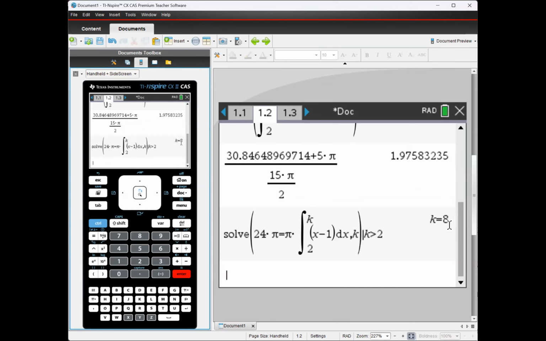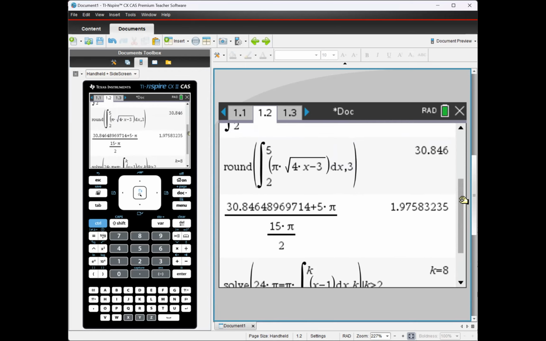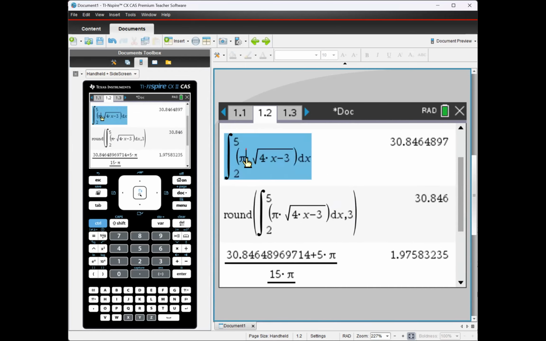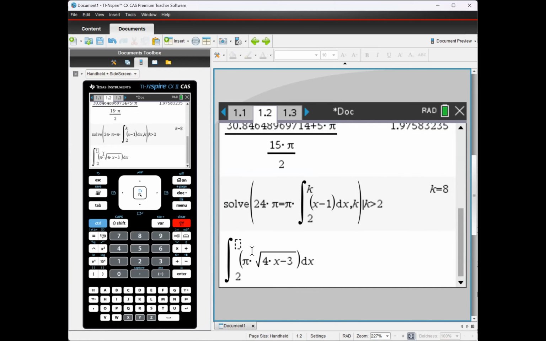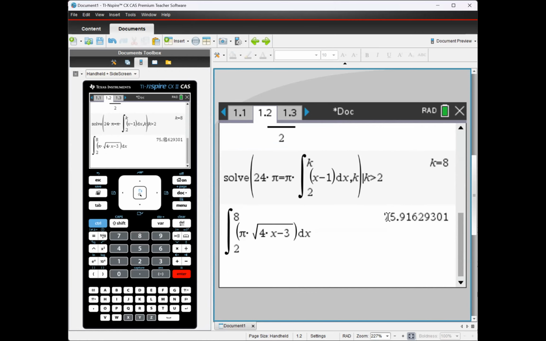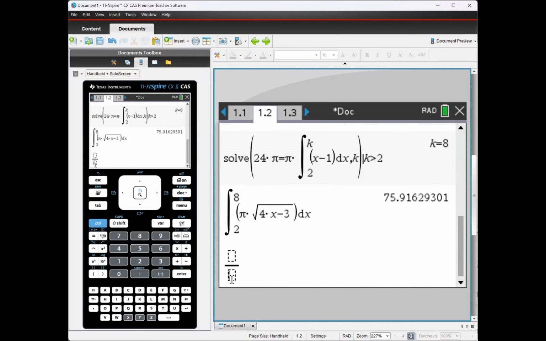All right, so previously we used an integral like this from 2 to 5 to carry out the calculation for the first surface area. Now with the new upper limit, we should be able to get another curved surface area. And the new volume is your denominator, which is 24 pi. The new curved surface area is this 75.916 something plus 2 ends.